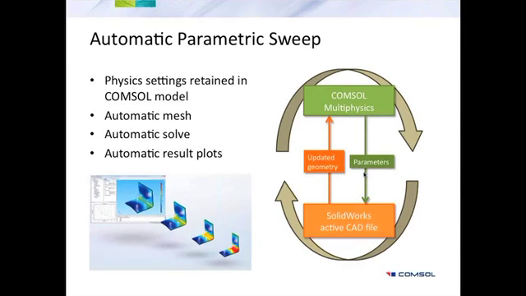So you can set up a parametric sweep where you say, I want to see what happens with this model if I modify these parameters, and COMSOL solves this problem by sequentially updating the geometry and solving the physics, all together with automatic meshing, automatic solving, and generating of results as well.